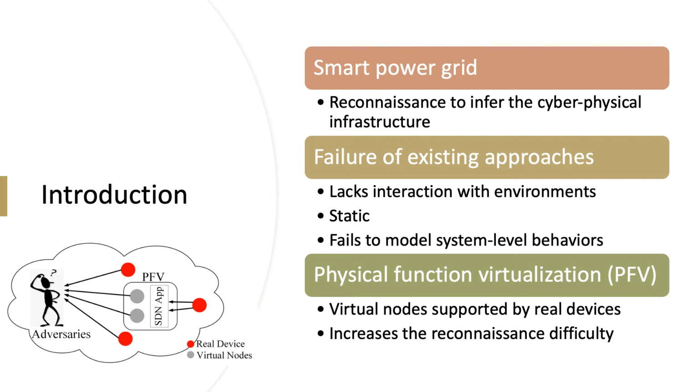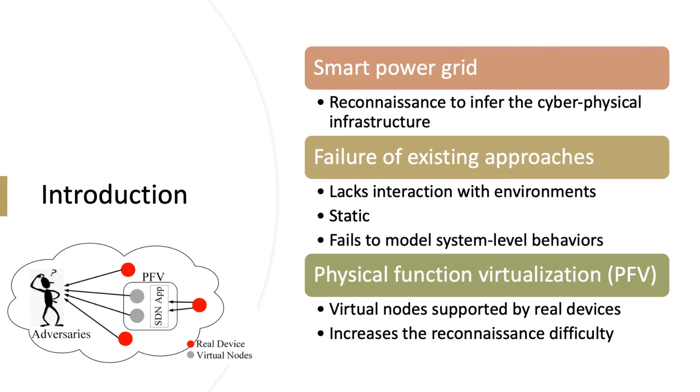And there are actually already some approaches that offer defenses against these attacker reconnaissance, but they either lack the interaction with the environment, or they are completely static, meaning just like a honeypot system sitting there, or they may fail to model system level behaviors, for example, the latency in the system.